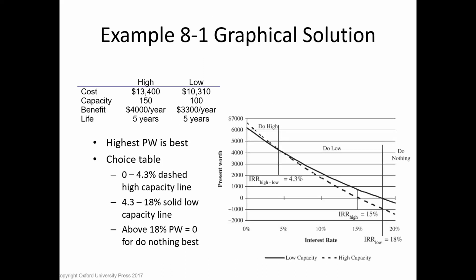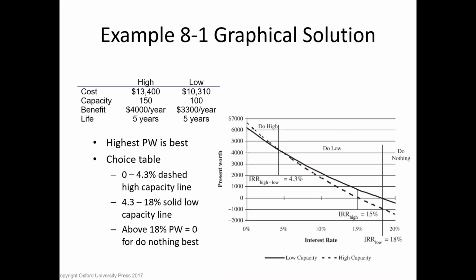So if we take an example for a graphical solution, take a look at this particular example. You have cost, a range, say, right? High and low. Capacity, you've also got a range. Life cycle, you might have a range. In this case, it's the same. We standardize, right? We know that this investment is a 5-year investment.